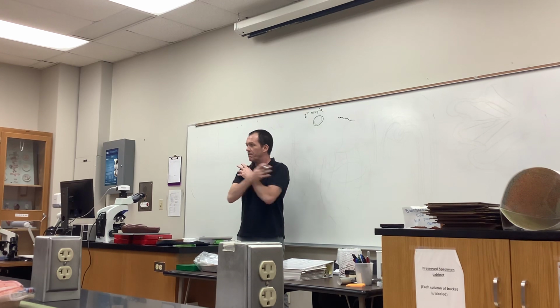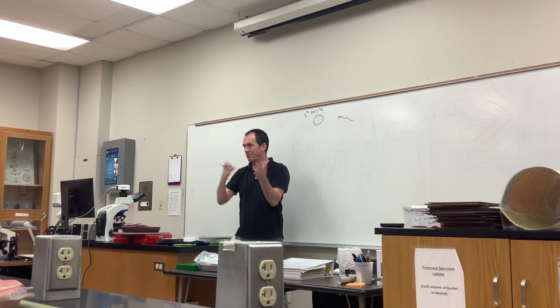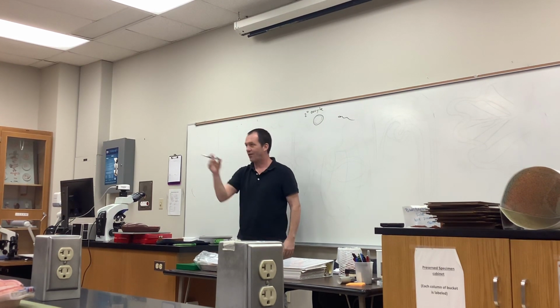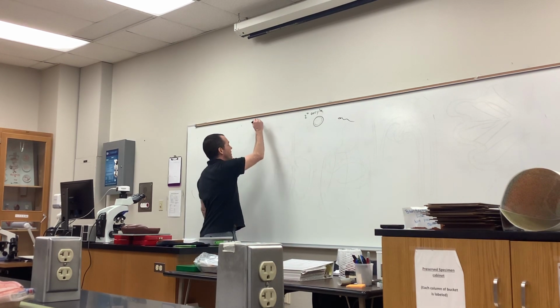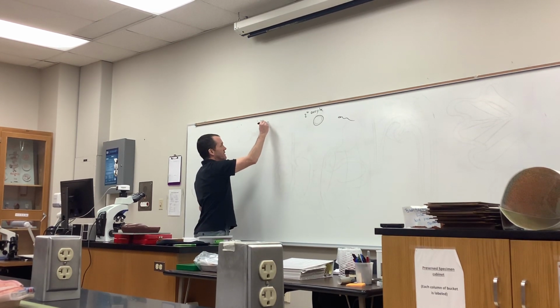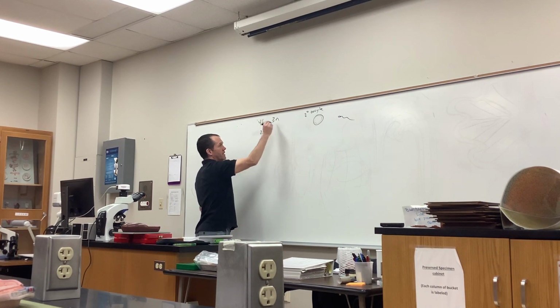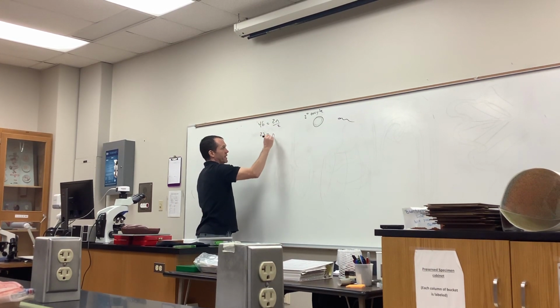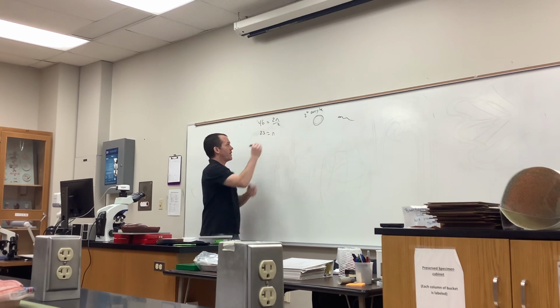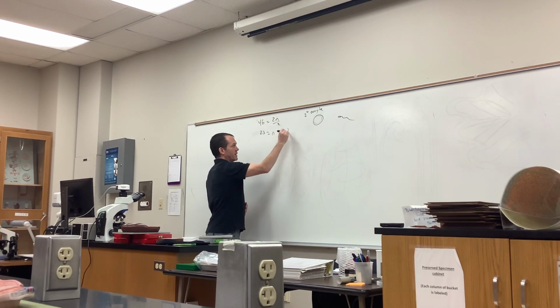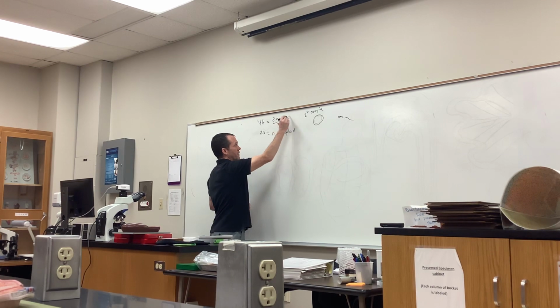So haploid. It is N also, correct. If 46 is symbolized as 2N, then 23 equals 2N divided by 2, which equals N, right? So they call this haploid, and they call this diploid.